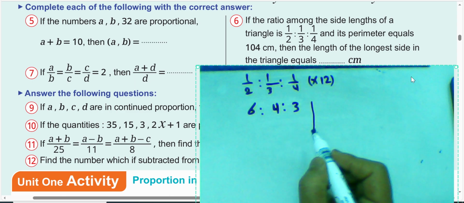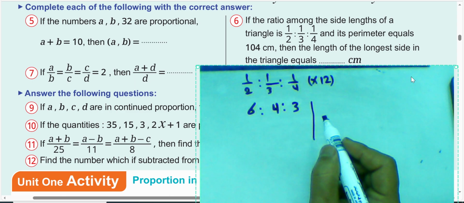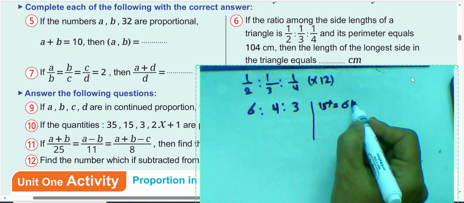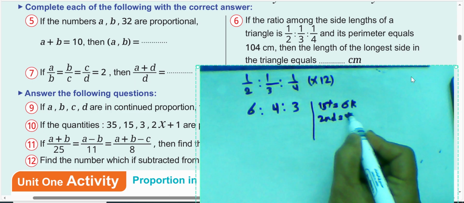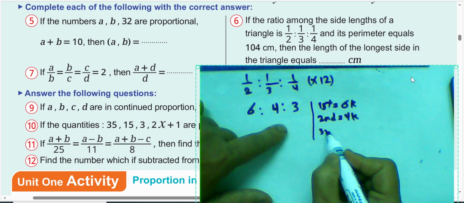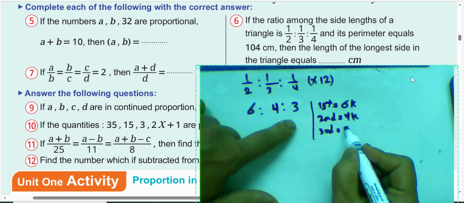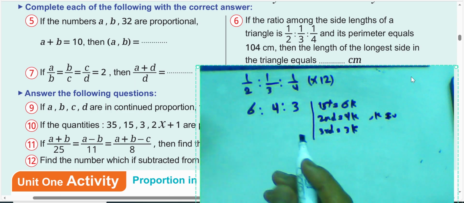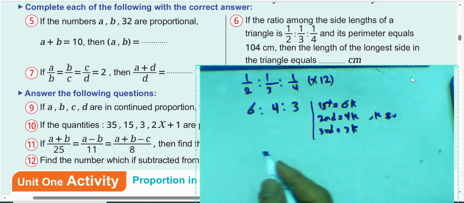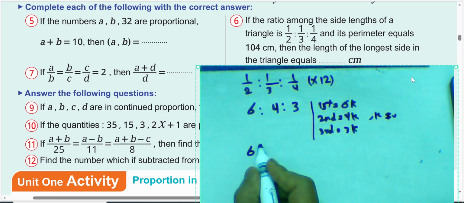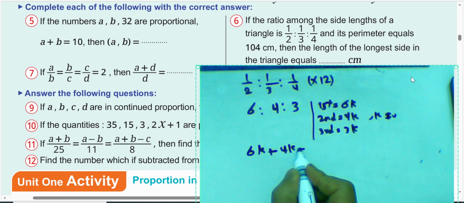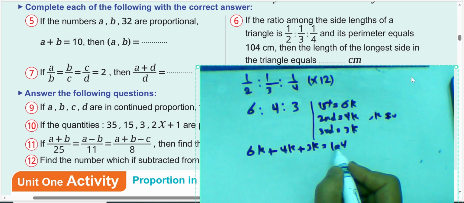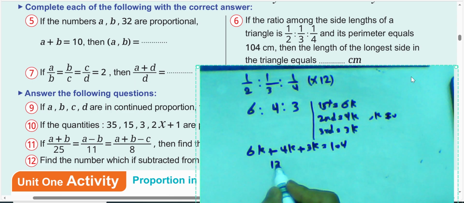And then we know the perimeter was 104. I will write the first side equal to 6k, the second side 4k, and the third 3k, where the constant k is not equal to 0. The perimeter equals the first plus the second plus the third: 6k plus 4k plus 3k equals 104. 6 plus 4 is 10, and 10 plus 3 is 13.